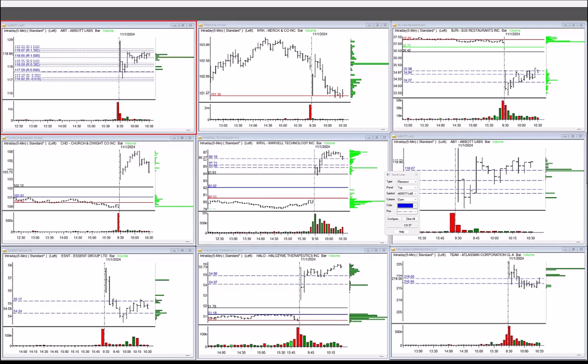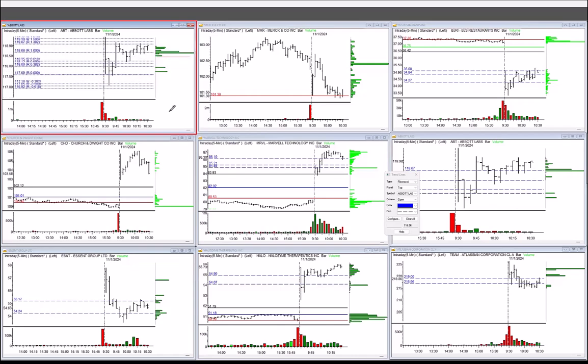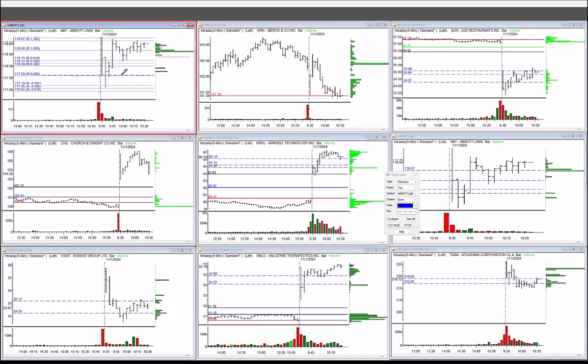And then Abbott came down, and it just hits that first target. It was only about a 40-cent move to the first target, and it was still worth doing. Trying to push it further than it's really prepared to go is not in your best interest usually.